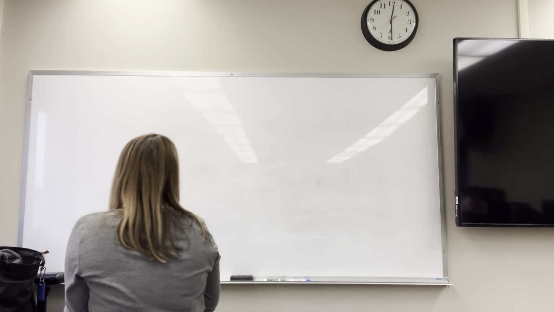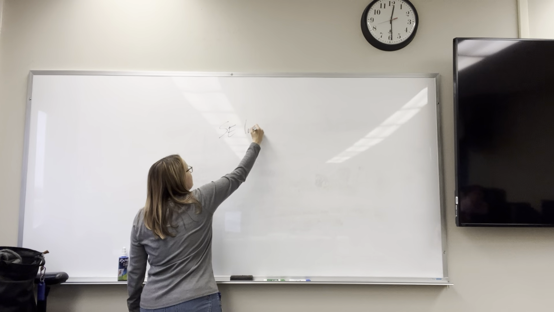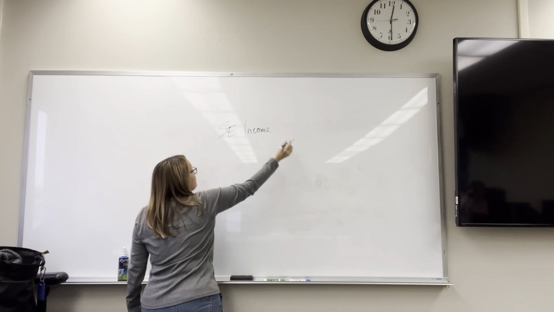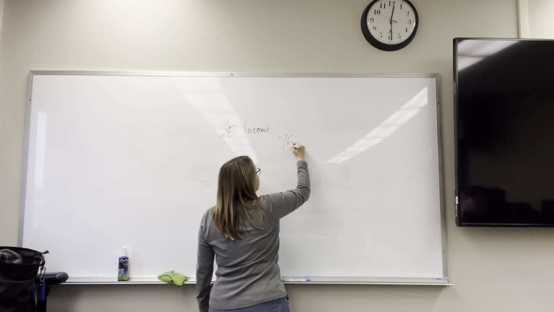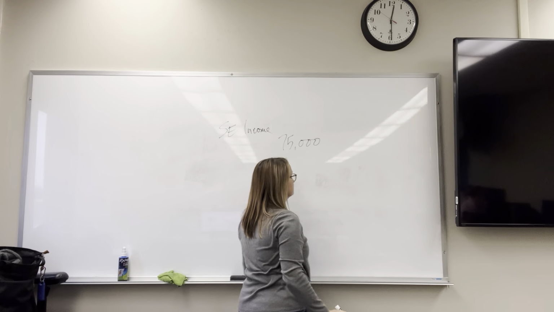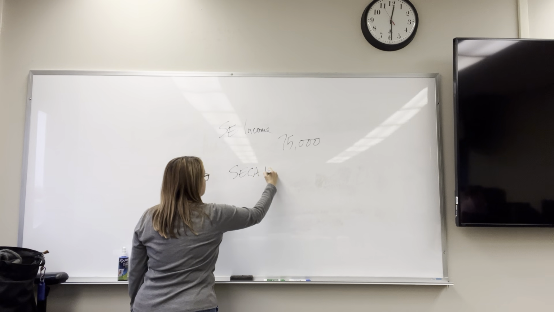So let's do a little bit of math here. Let's say we have an individual that has self-employment income of $75,000. What is their SECA tax on that?